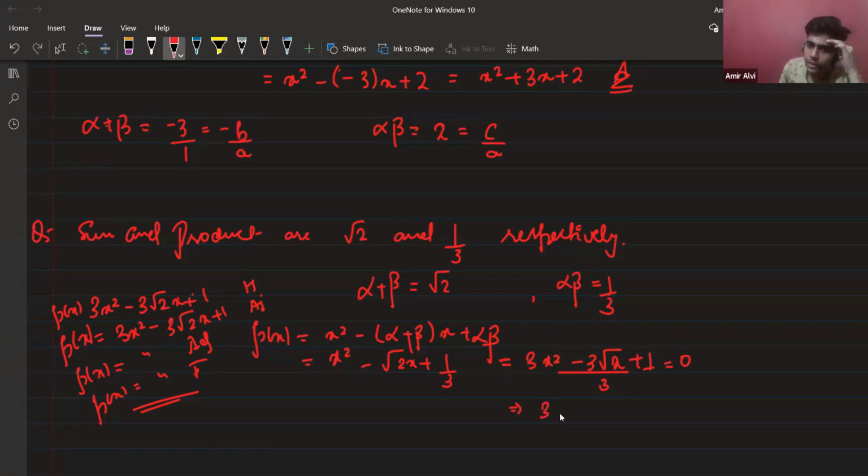Yes, sir. Basically, if we have to remove this portion, we will throw it in the 0 portion and we will equate it to p of x. So 3x square minus 3 root 2x plus 1. Okay, so this is our p of x.